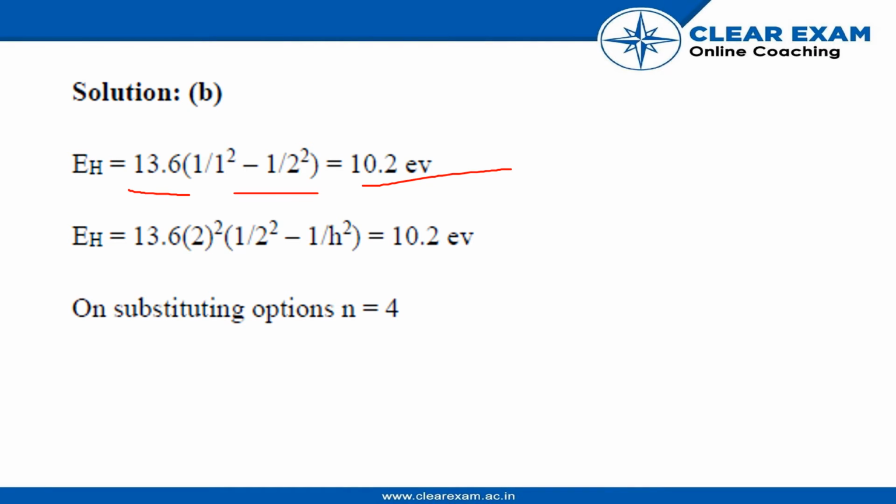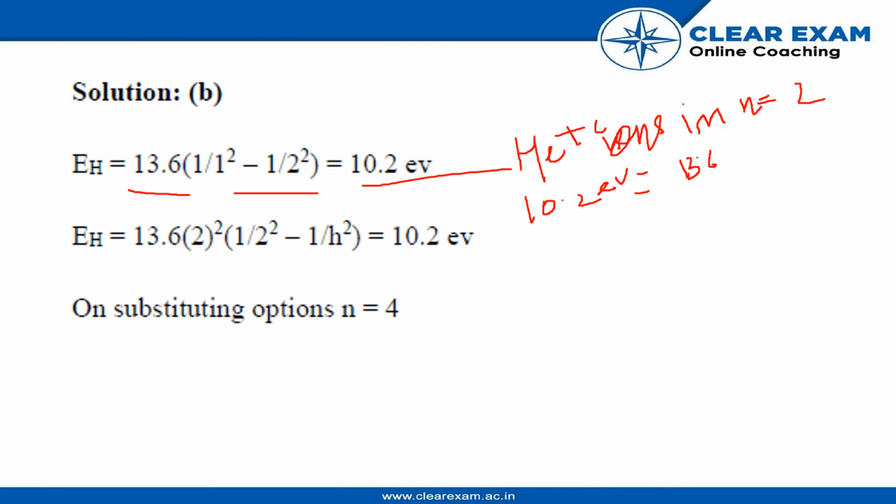So by putting the value for He plus ion in n equals to 2, we'll get 10.2 electron volt equals 13.6 into 4 times (1 upon 2 square minus 1 upon n square).